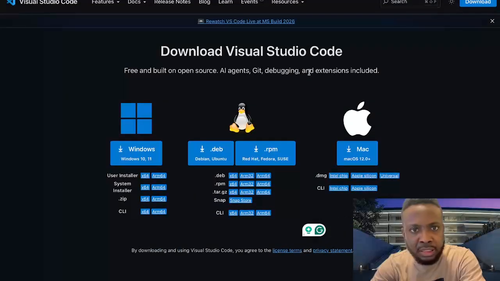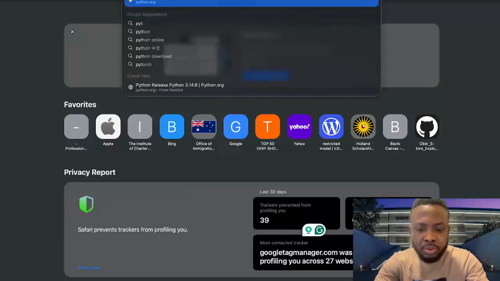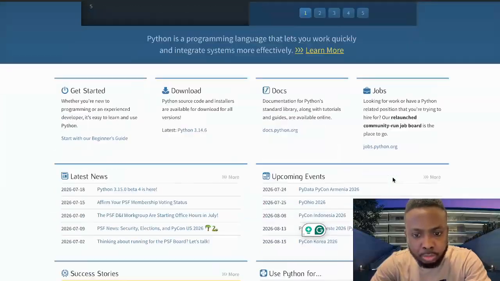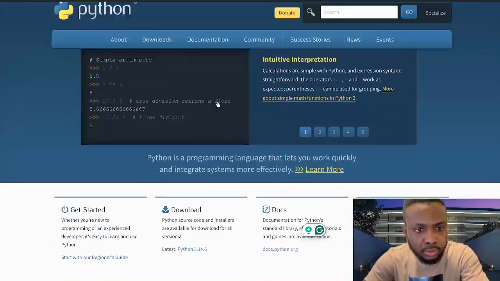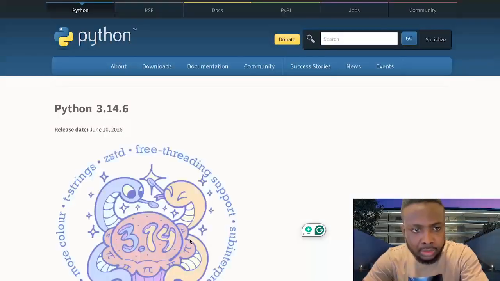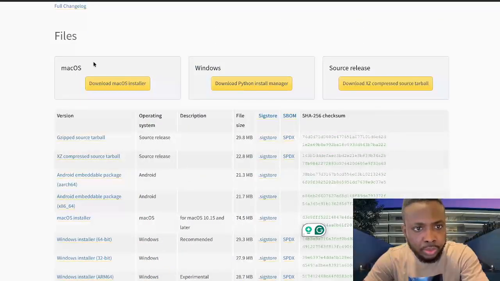But before downloading the environment, you need to first of all install Python on your system. To install Python, you can just go to python.org, and then downloads. When you click this, you see for Windows and you see for Mac.